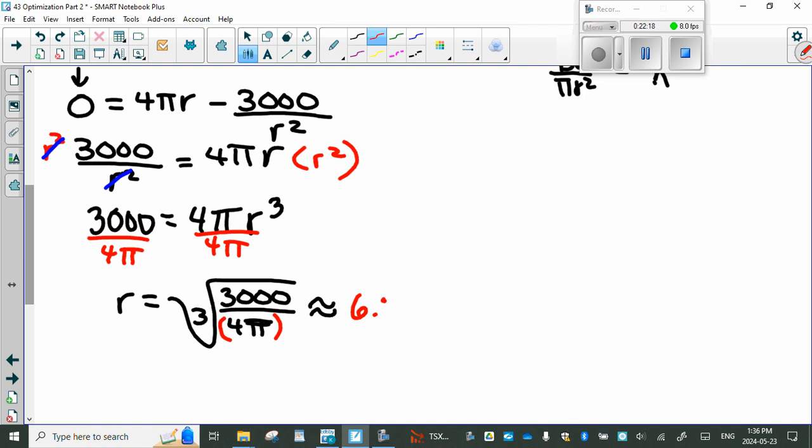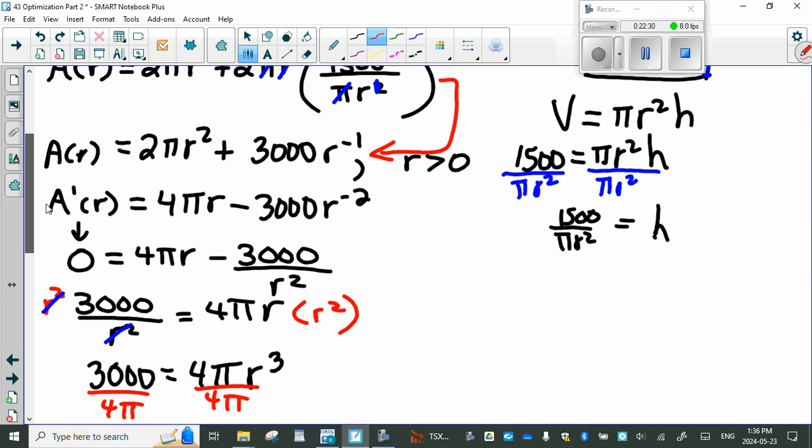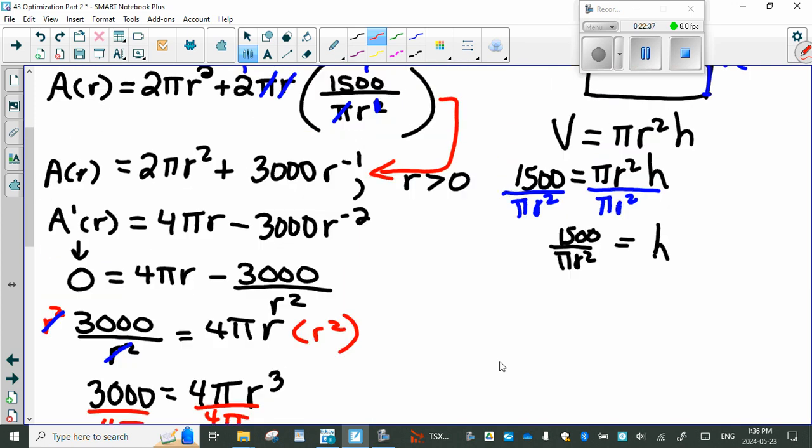Okay. 6.2 centimeters. And now we want to make sure that corresponds to a minimum, right? That's what we want to minimize. So we have to find A double prime at r. And make sure that when we sub in 6.2, we get a positive number. So that's where we use our second derivative, just to make sure whether we have a max or a min. So A double prime at r.